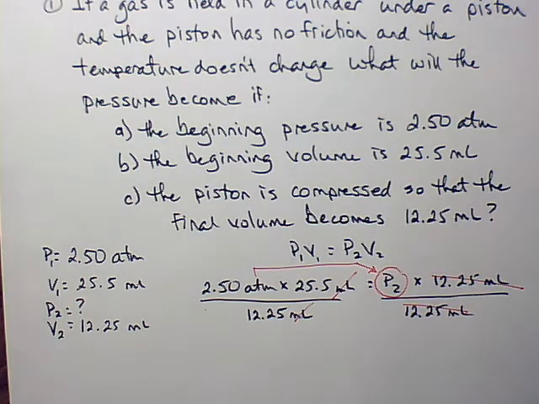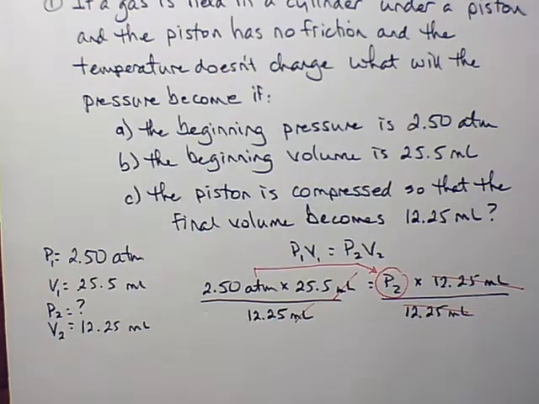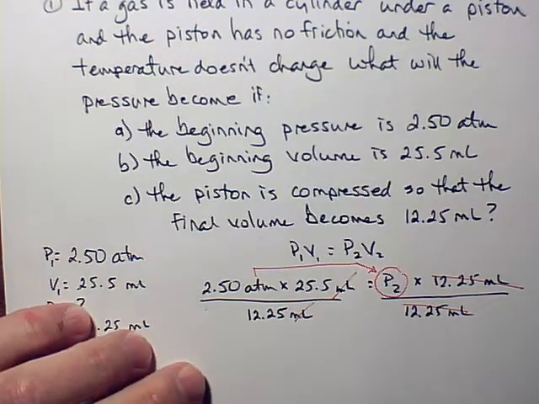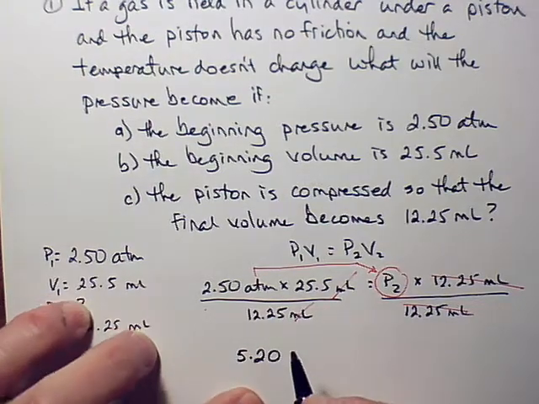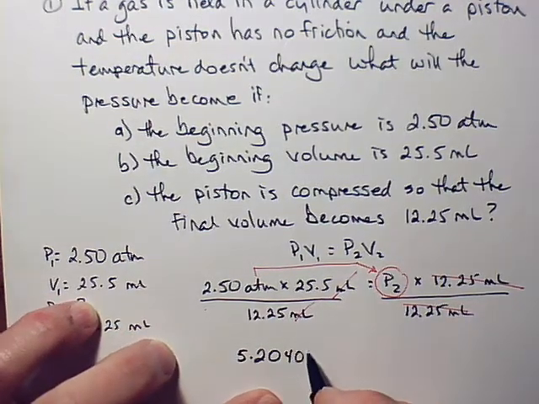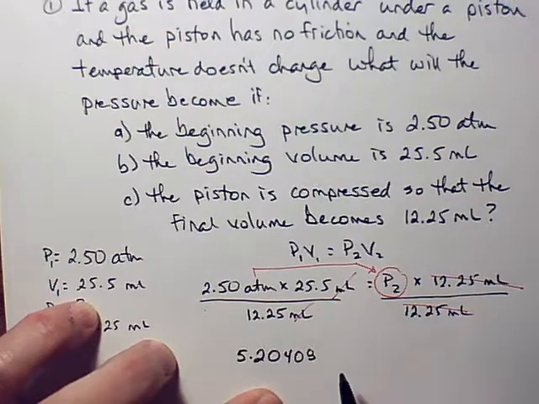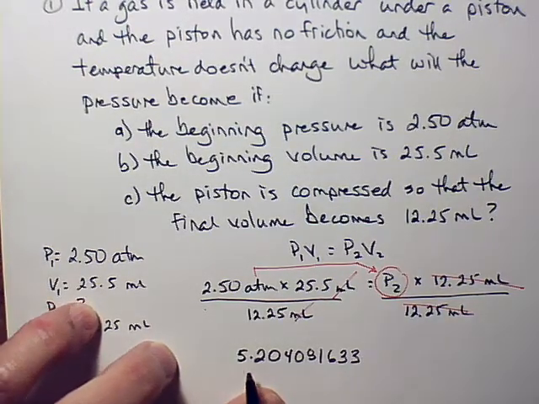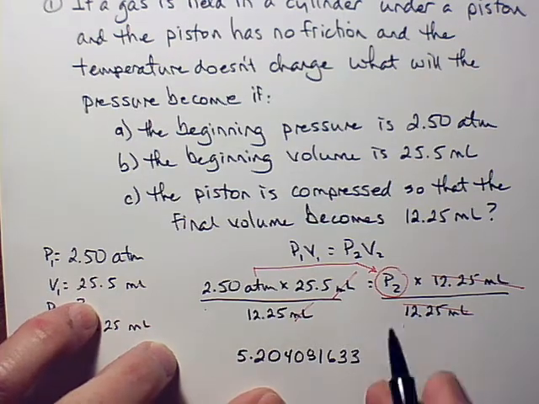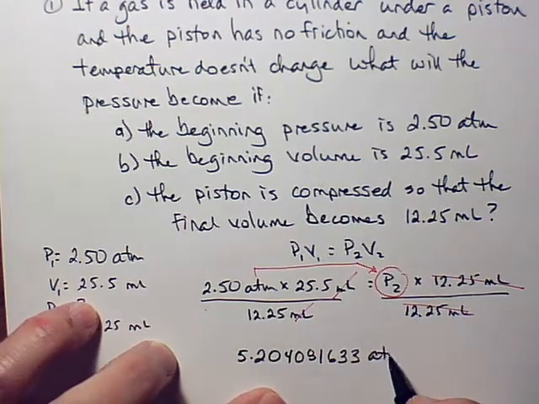Okay? I think I've already done it once. Let's see if I have the unrounded answer and everything over here. Yeah, here we go. So we've got, this is our unrounded answer in atmospheres.